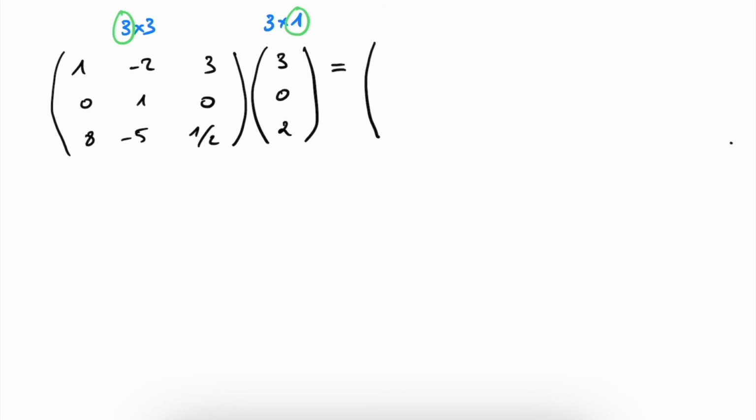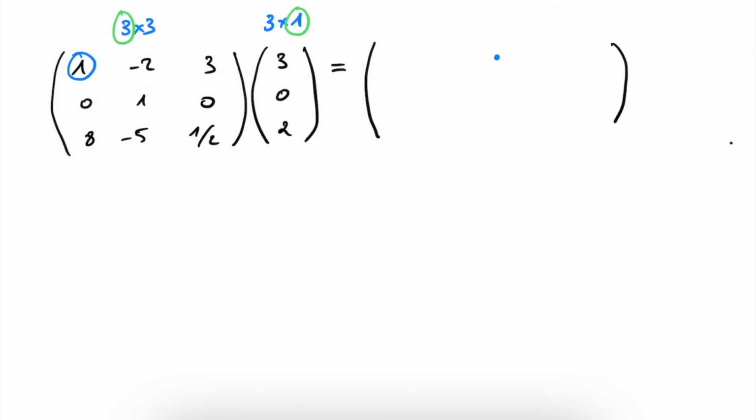So we will have to determine 3 elements in our matrix. The first element, which is on the first row and on the first column, because there's only 1 column, we'll get by looking at the first row and the first column. And also in this matrix, there's only 1 column.